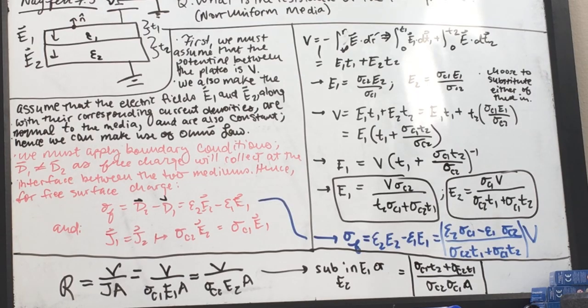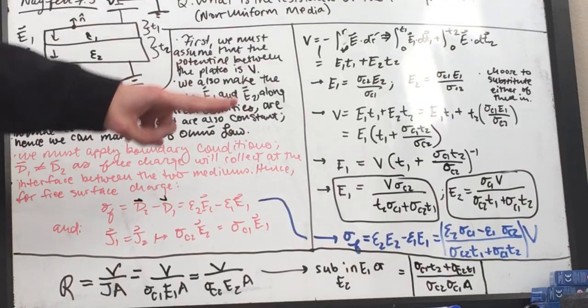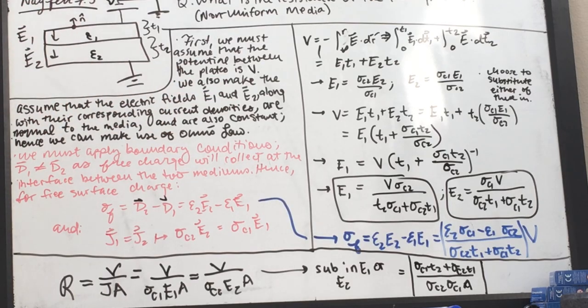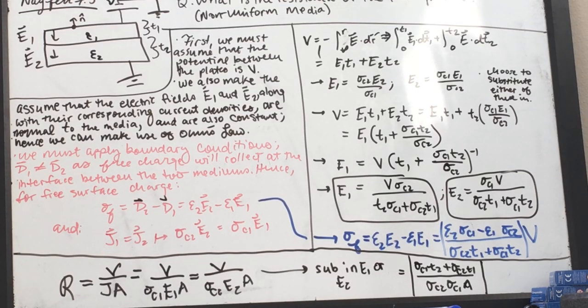After some algebra and substitution, getting it strictly in terms of the permittivities, the conductivities and the potential, we get a final expression for our surface charge, being that monstrosity of a fraction over there. Now, what this basically means is that the surface charges between these two media are going to differ by that exact amount, right?